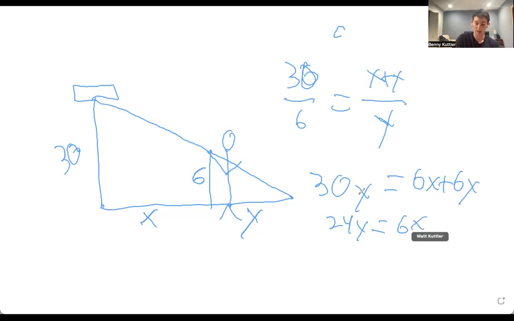So if we divide both sides by 24, we get y equals 1 over 4x. And this is going to be the same no matter where we are in the shadow problem. This ratio is always going to be the same because they're similar triangles.